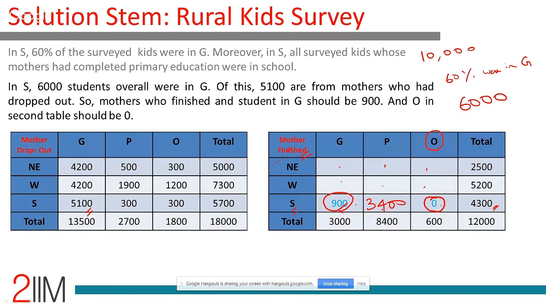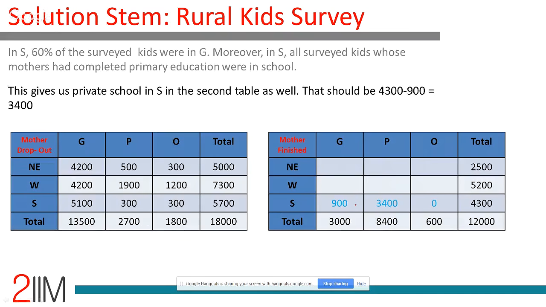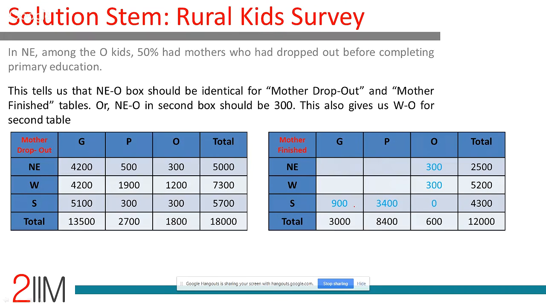And so let's see the next piece that's available for us. In Northeast, among the O kids, 50% had mothers who had dropped out before completing. This number is 50% of the total kids who are not going to school.